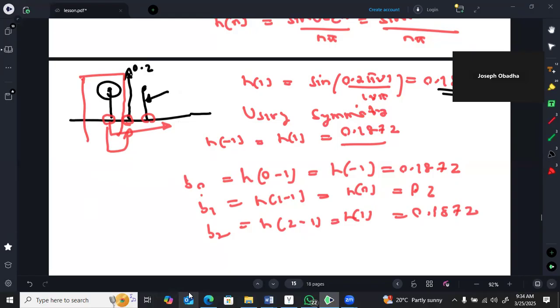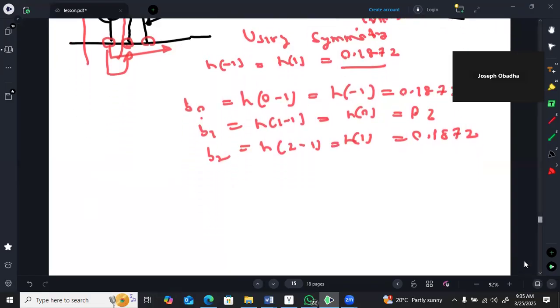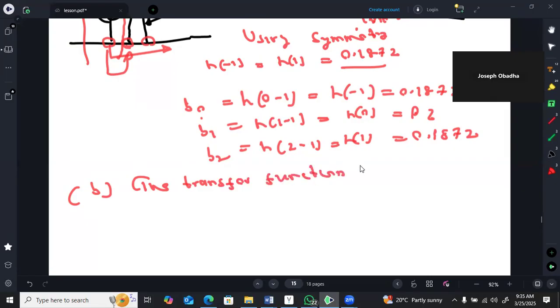So we can easily write down the transfer function in part B of the question.